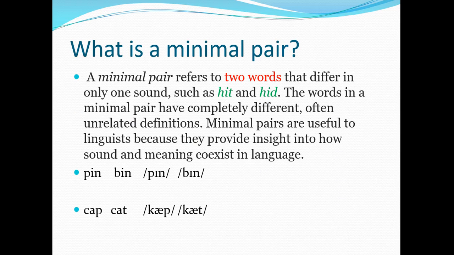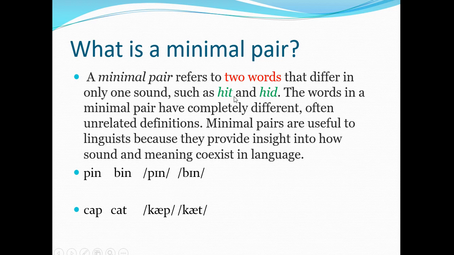This is another important concept, a minimal pair. A minimal pair refers to two words that differ in only one sound, such as in the words hit and head. You can notice that the only different sound in these two words is the final sound, t and d.